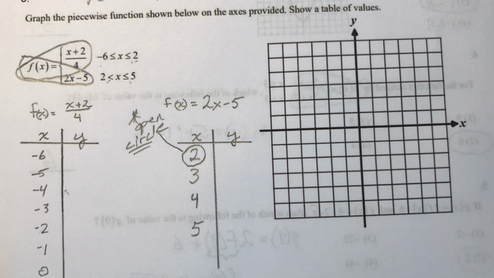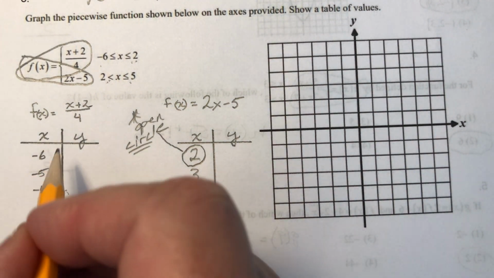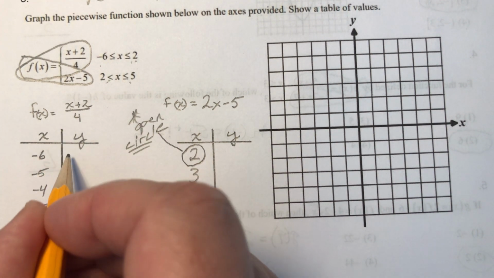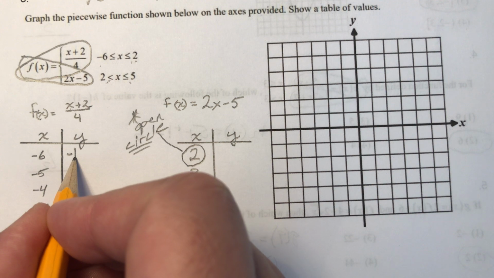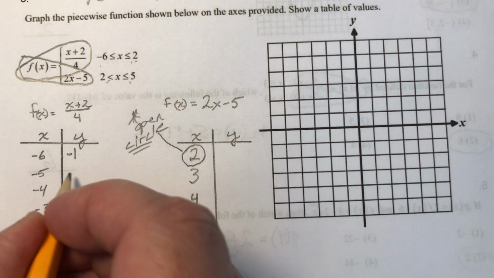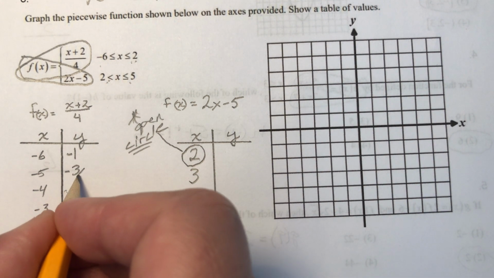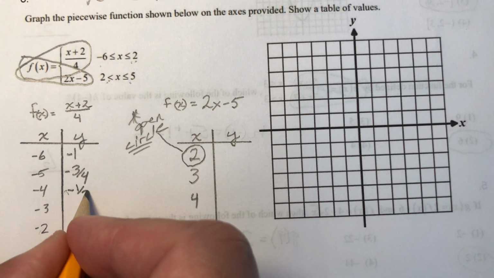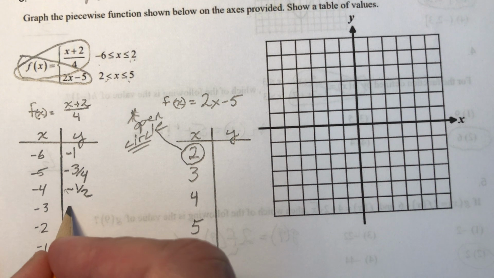All right. So -6 put into here, calculate, is -1. All right, now I'm going to speed this up. I can, because there's a whole bunch of fractions, and this is going to bother you guys a little bit. Don't let it bother you.